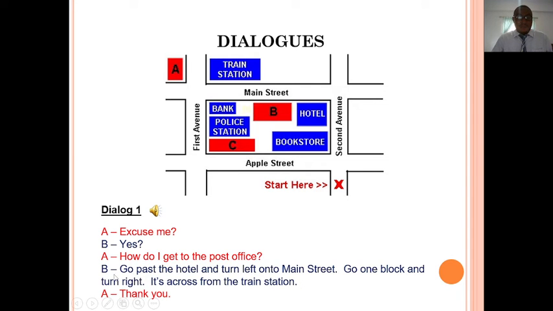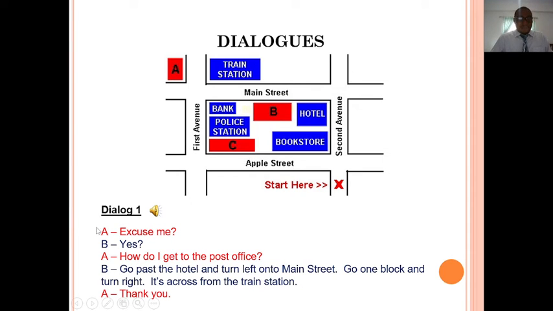So he answers, B. Go past the hotel and turn left onto the main street. Go 1 block and turn right. It's across from the train station. Then a response, thank you. So this is the way to the post office.